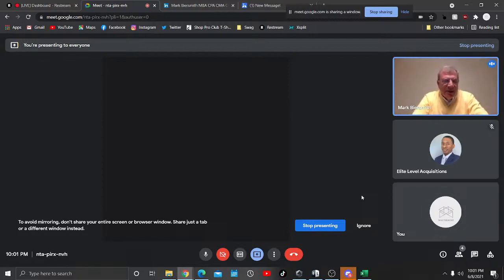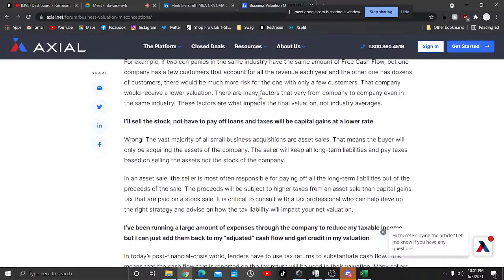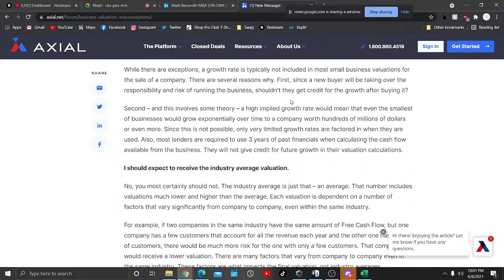So in some industries, EBITDA is not to be used because depreciation is a critical part of the business. Let me give you an example. In the rental furniture business, you don't use EBITDA. And if you do use EBITDA, you're going to pay too much for the company.